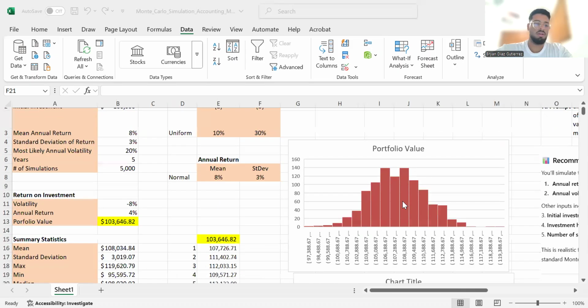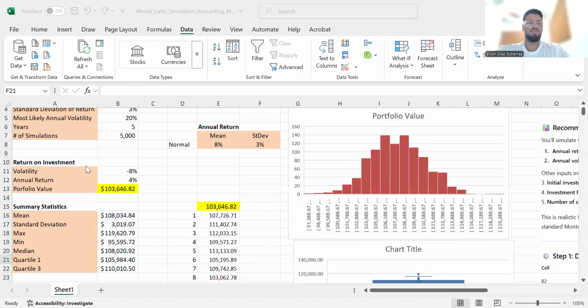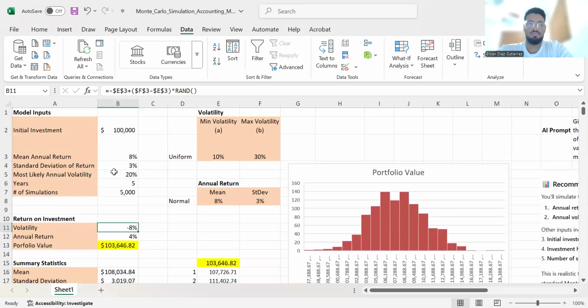After this, this is the return on investment. For volatility, I used the formula for a uniform distribution, which would be the minimum volatility plus the maximum volatility minus the minimum times a randomized number.